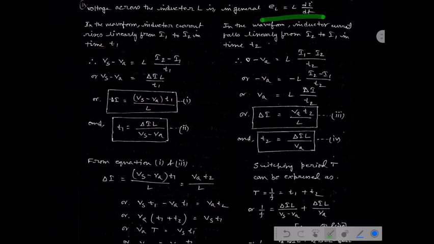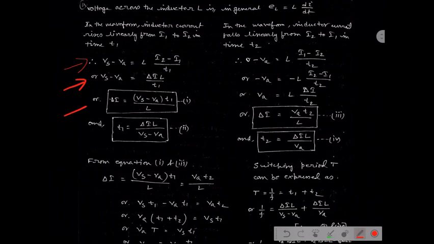That is, Vs minus Va equals L into (I2 minus I1) by T1. As we know, I2 minus I1 is defined by delta I, which was mentioned in the waveform, so it is replaced by delta I into L by T1.